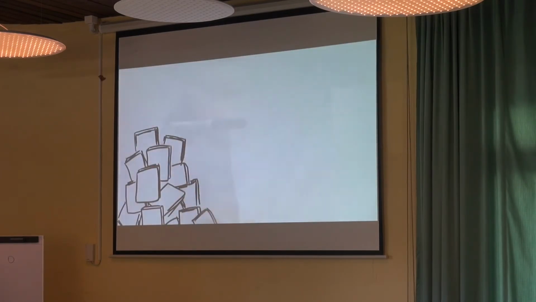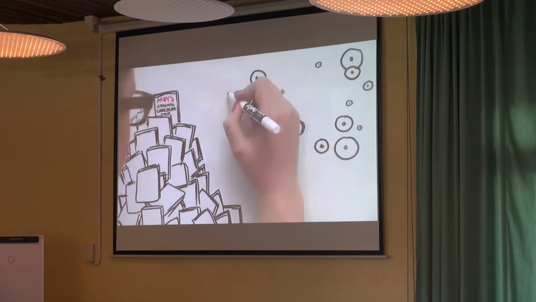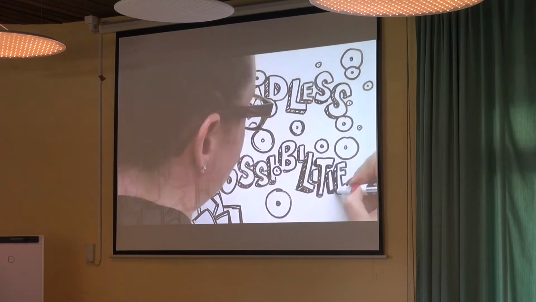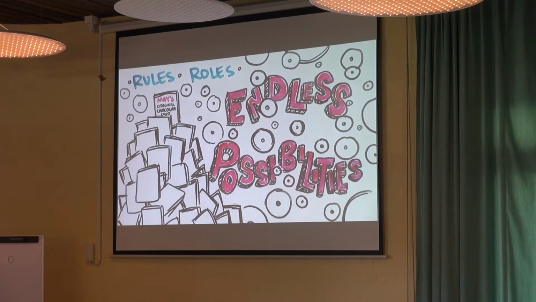Actual products based on open source can be made up of dozens, even hundreds of recipes like Grandma May's, which is why having a disciplined way of managing change is so important. In open source, the possibilities are endless, but we need the rules and roles to keep things organized.